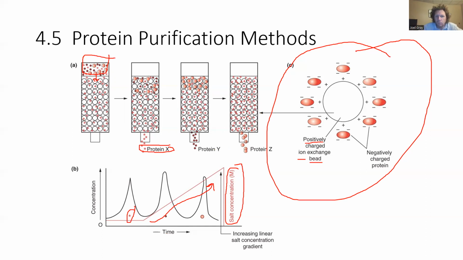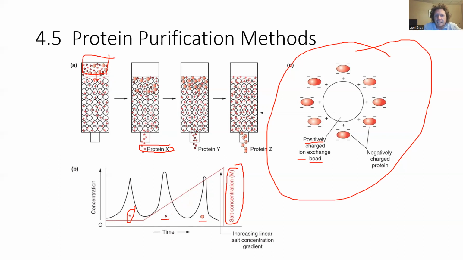And what you observe there is that other proteins, as displayed with this small red ball here and this larger peach ball here, are going to elute at different times, but they're eluting because of increased concentrations of salt.